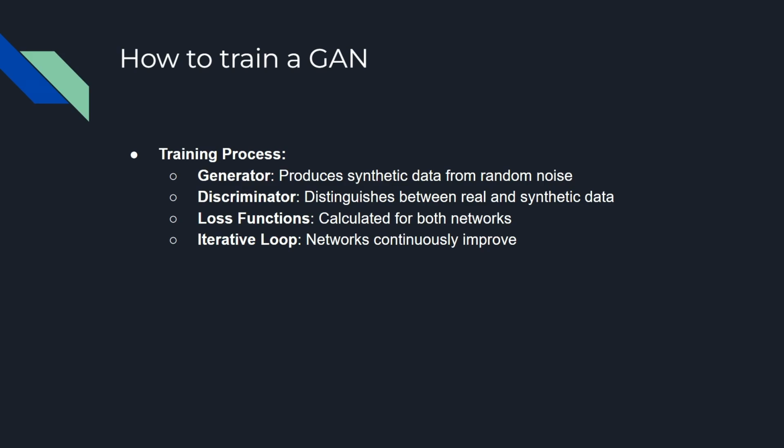The generator's loss shows how well it fooled the discriminator, aiming to reduce this loss so the generator can make more realistic data. The discriminator's loss shows how accurately it identifies real and fake data, aiming to increase this loss to improve its detection skills. This process is repeated over many iterations, with the generator getting better at creating realistic data and the discriminator getting better at spotting fakes. Over time, this back and forth competition leads to the generator producing highly realistic synthetic data.